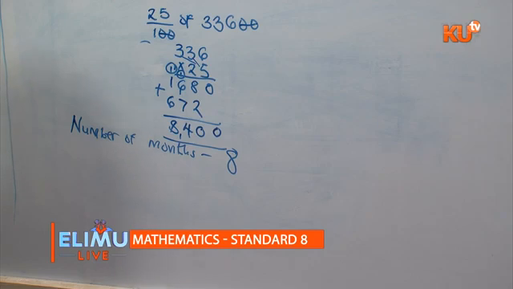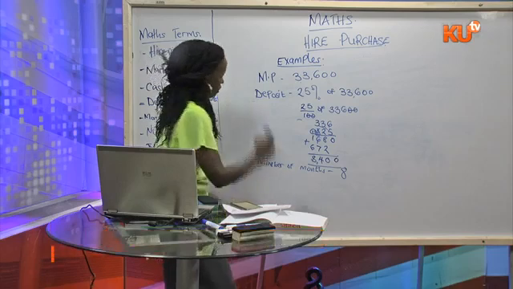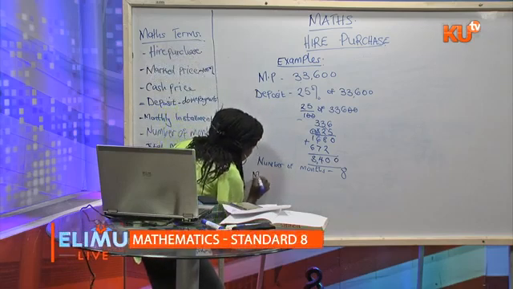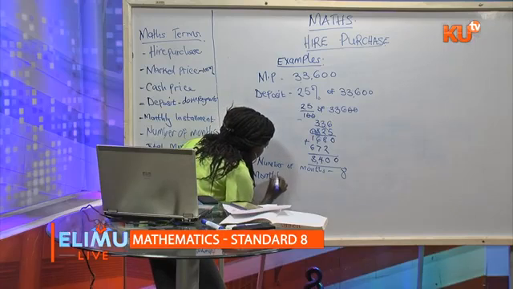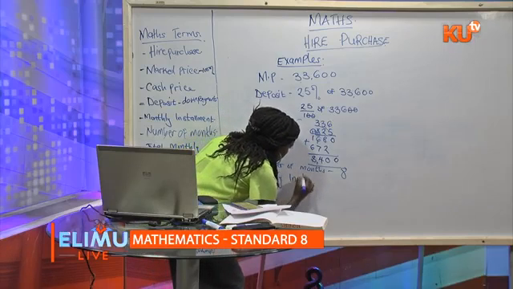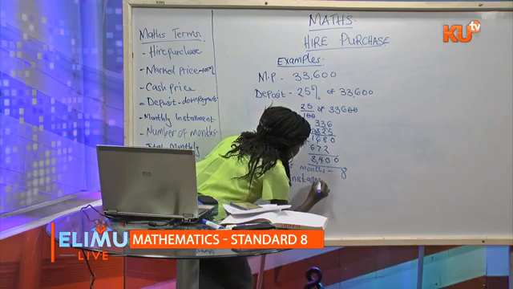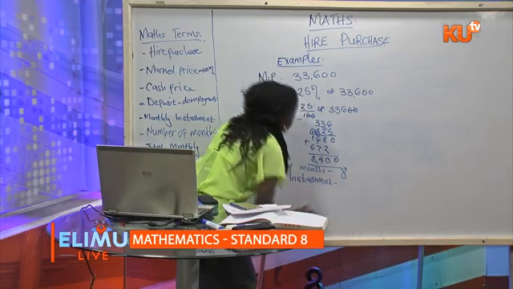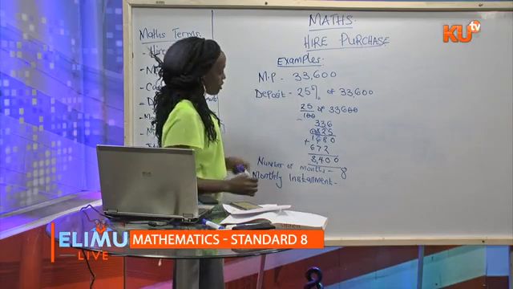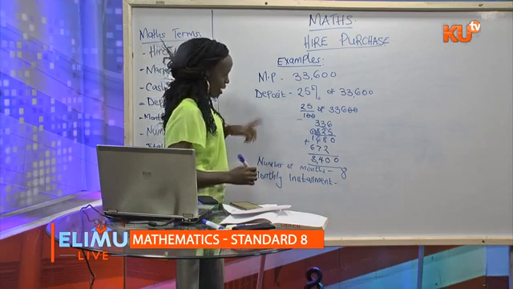Each installment was 10% of the marked price. We come to the monthly installment. The monthly installment was 10% of the marked price.